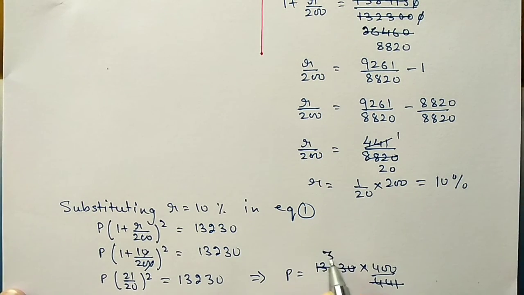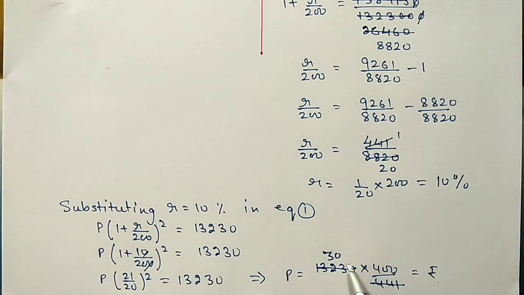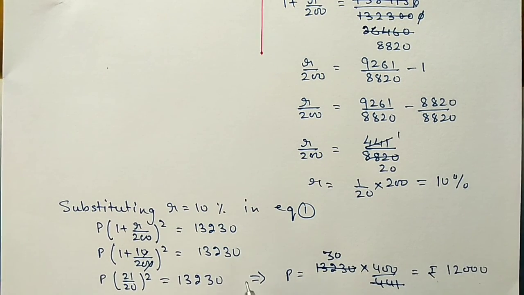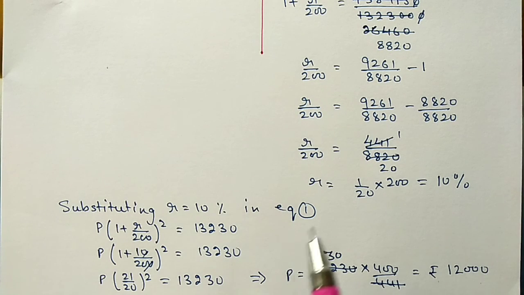Then after multiplication it will become 12,000. So the principal money is 12,000, rate of interest is 10%.